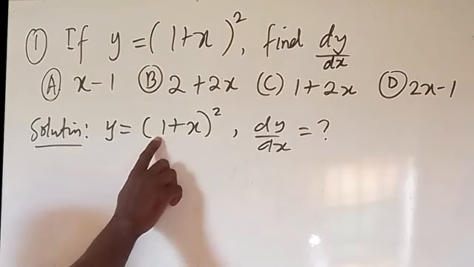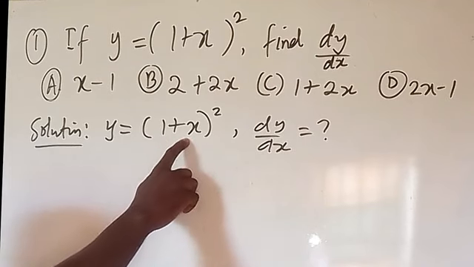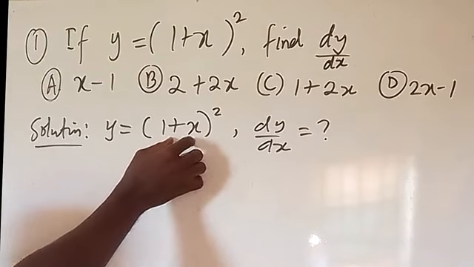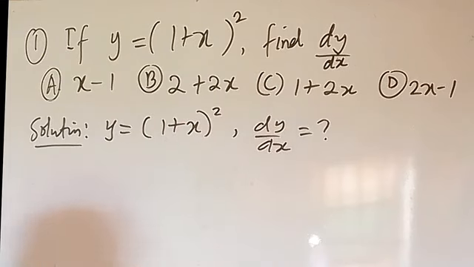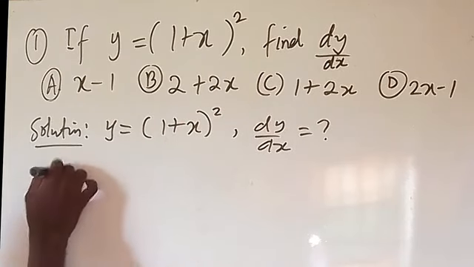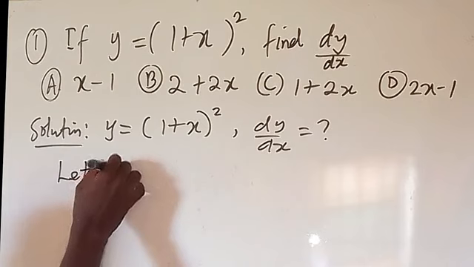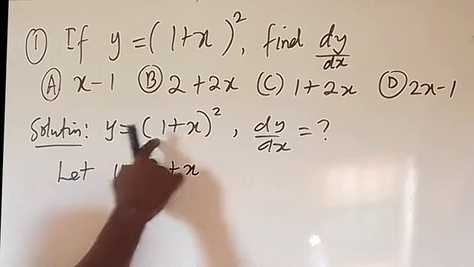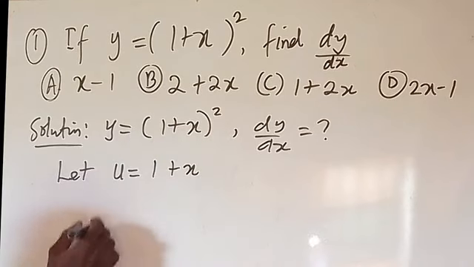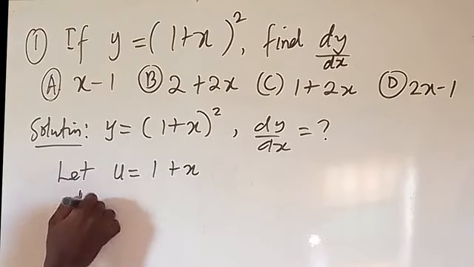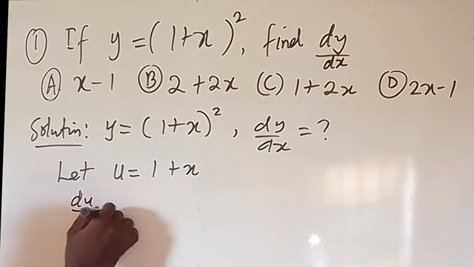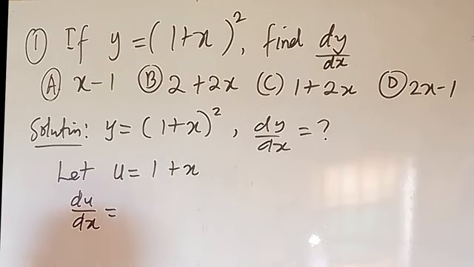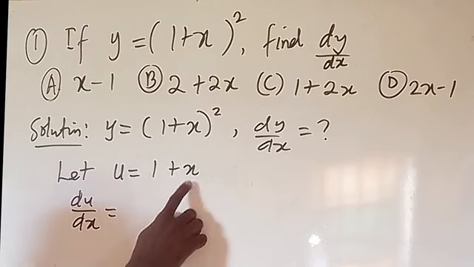So now as we can see, we have 1 plus x inside, all to the power of 2. So what we're going to do here is let u be 1 plus x, the one inside the parentheses. So we're going to have du/dx equals, now differentiating this, we're going to have 1.